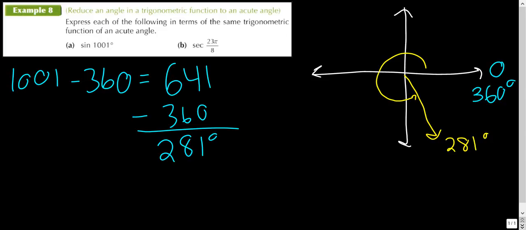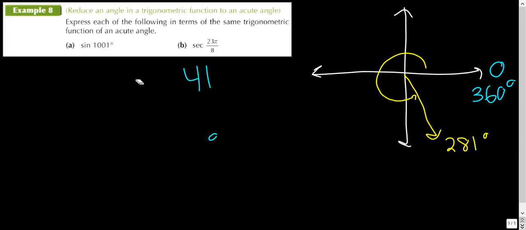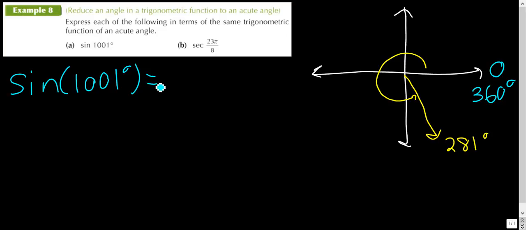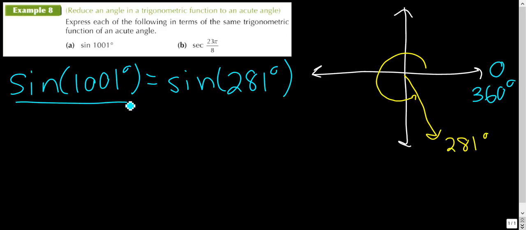So what we can say is that, without a doubt, the sine of 1001 degrees is the same thing as the sine of 281 degrees. The only difference is that there are 2 rotations of 720, but they end in the same place. So instead of thinking of the 1001, I'm going to think of the 281, which is exactly something that I can deal with.